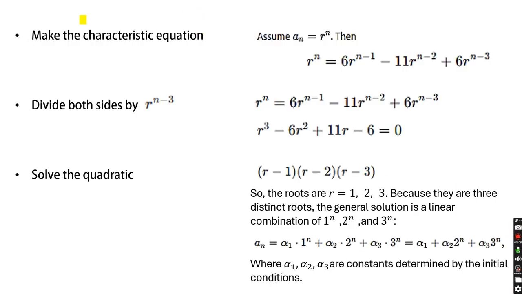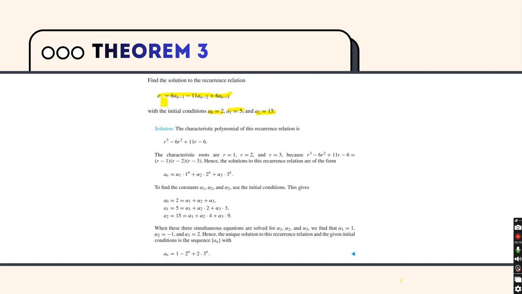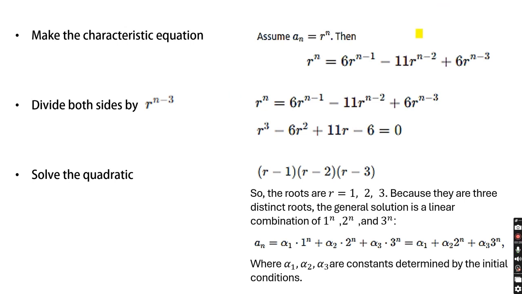So again, first that we're gonna do is to create a characteristic equation. We will replace or substitute an is equals to rn. So based on this given example, i-replace na nato ang value ng an with rn. So therefore, we have rn is equals to 6rn minus 1 minus 11rn minus 2 plus 6rn minus 3.